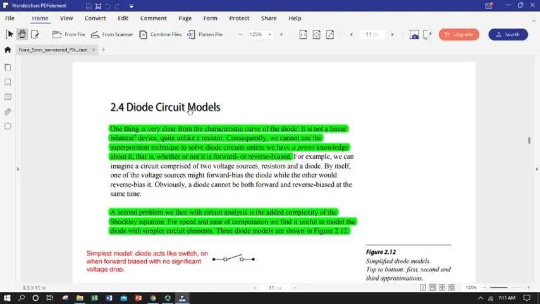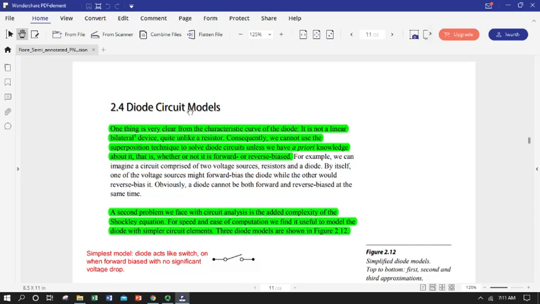We know how to go to our spec and pick off key values of what we can expect and what not to do. So now we need a model to put these in a circuit, because I don't know about you, but that exponent equation, I can plot it, it's nice mathematically, but it's hard to wrap your mind around how that's going to act in a circuit.